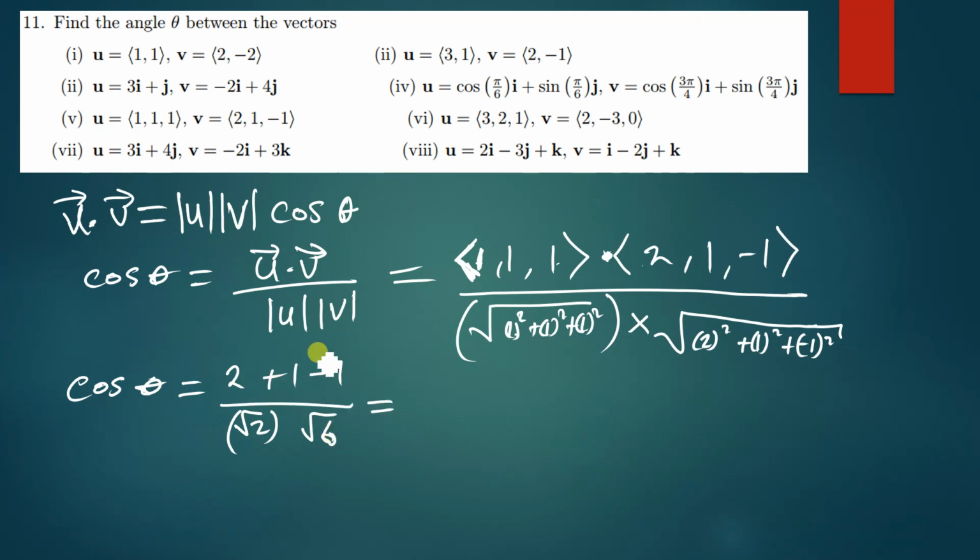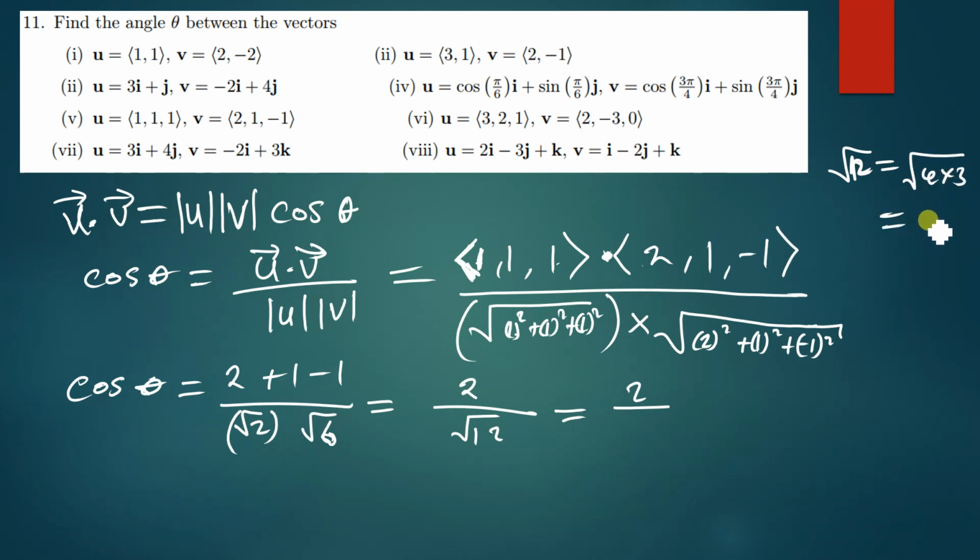On top there we have 2, 1 minus 1, that is a 0, so we have 2. Then everything down here we have the root of 2 times the root of 6, that is the root of 12. The root of 12 can also be written as the square root of 4 times 3, which is 2 root 3, because the square root of 4 is 2, and the root of 3 will remain.